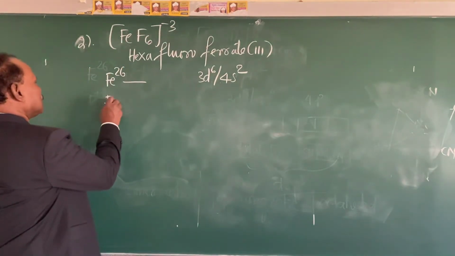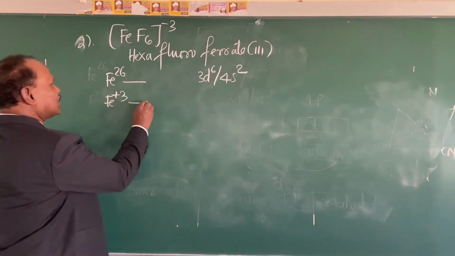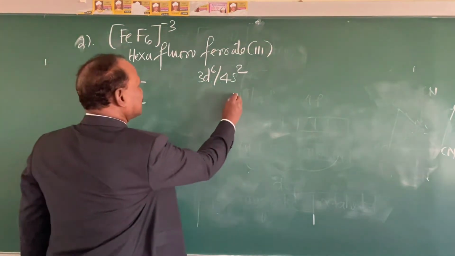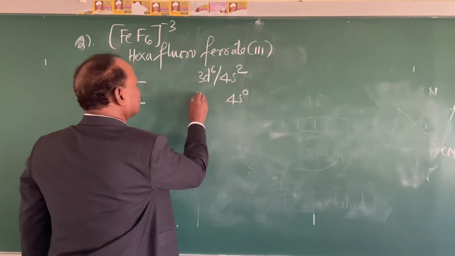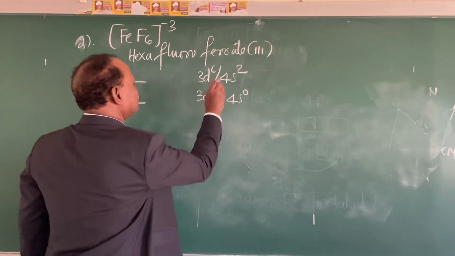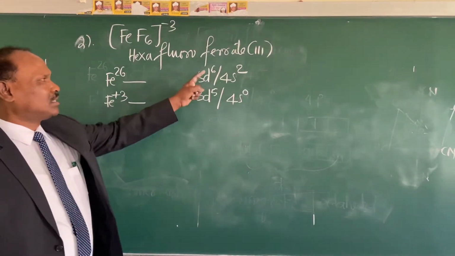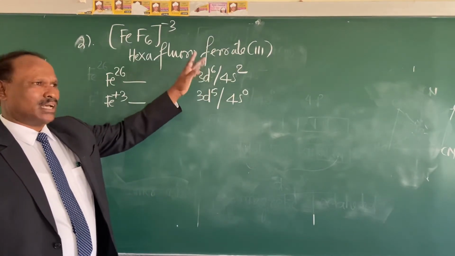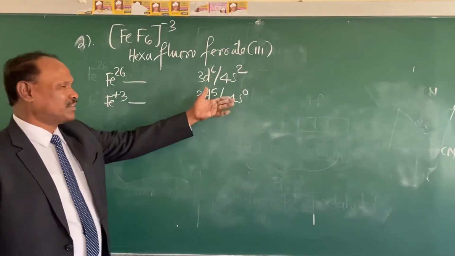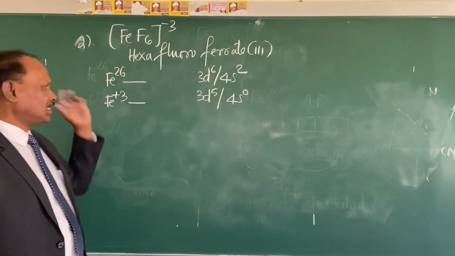Therefore, the Fe+3 ion will have the electronic configuration 4s0 and 3d5. So 2 electrons from the 4s and 1 electron from the 3d subshell are lost. Therefore, it becomes 3d5 4s0.